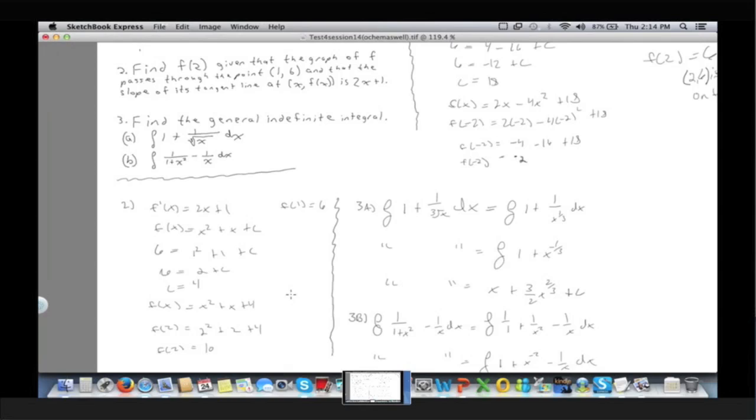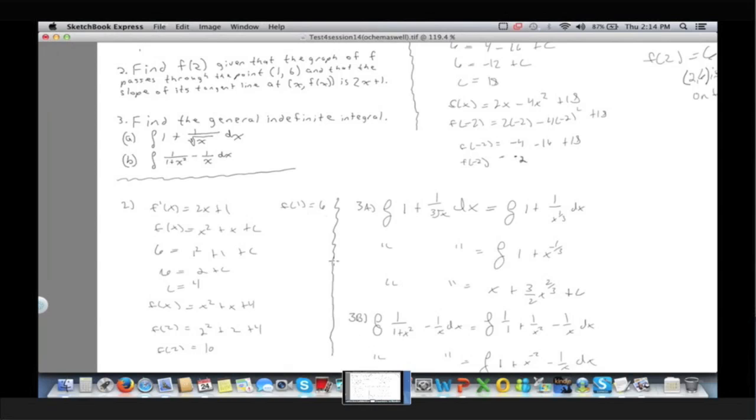And as we discussed yesterday, that really means that the derivative is 2x plus 1. So you wrote that down. Then you took the antiderivative. They also told you that 1, 6 is a point on the graph. Well, if they tell you that 1, 6 is a point on the graph, that just gives you the equation f of 1 equals 6.